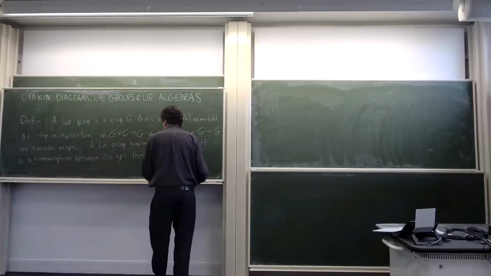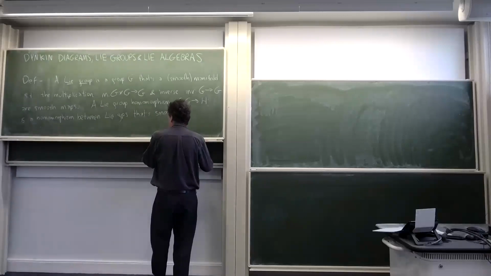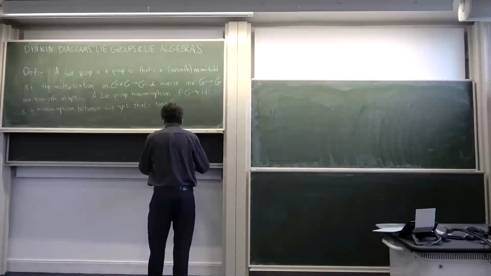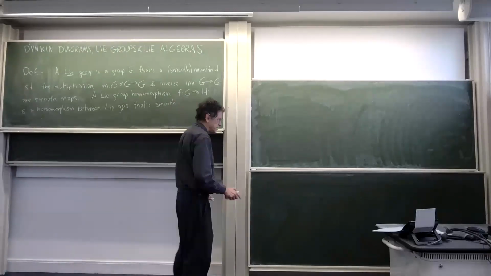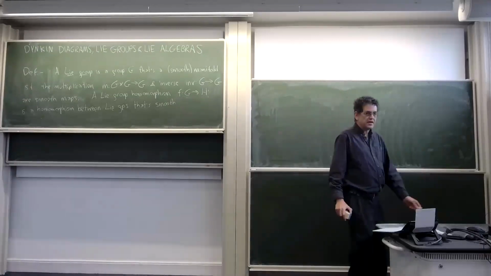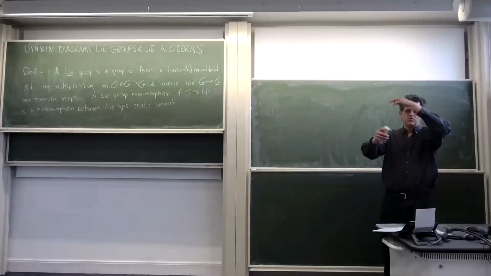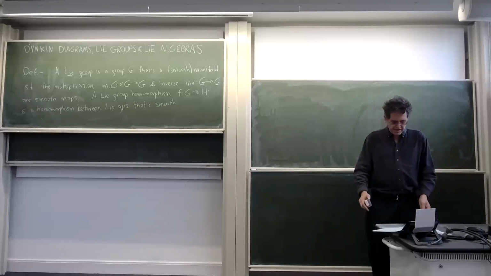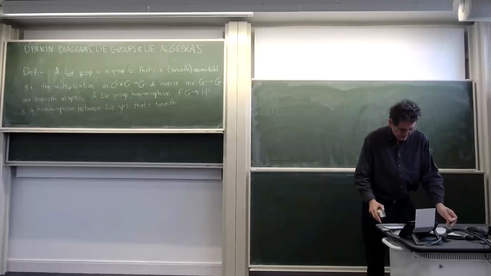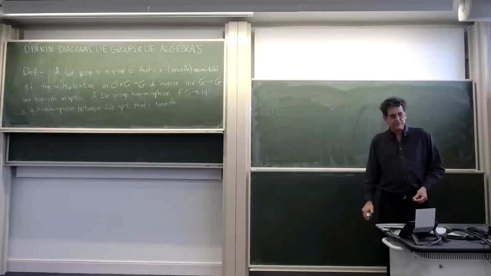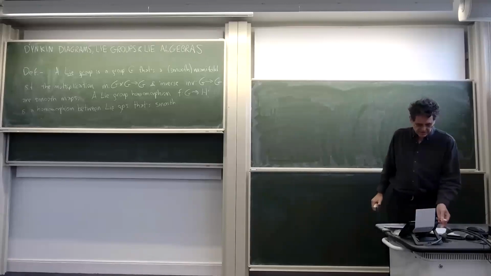So, for example, Rn with its usual addition is a Lie group, but a more interesting example would be the group of all rotations in three-dimensional space is a Lie group, and there are lots of others, lots of examples that we'll be seeing.